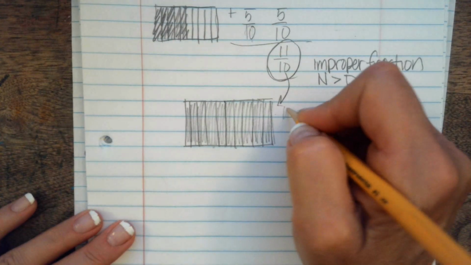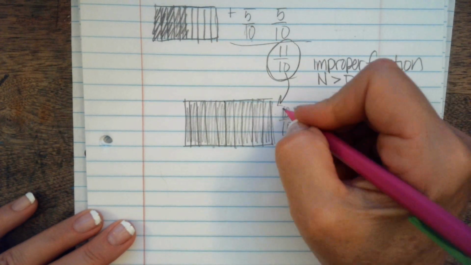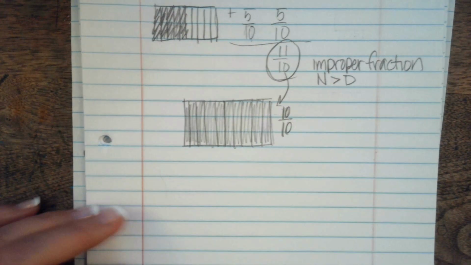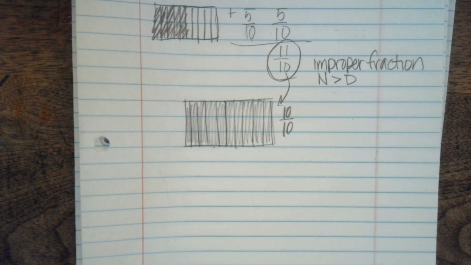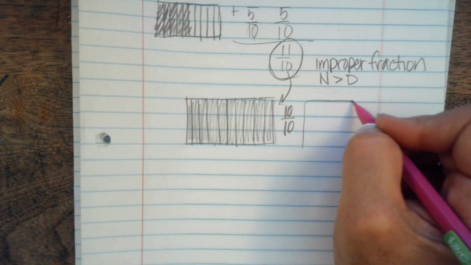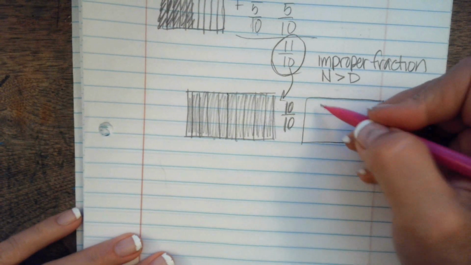This is 10/10, and I need to model 11/10. So what do you think I need to do if I've run out of space? Make another one. Yeah.